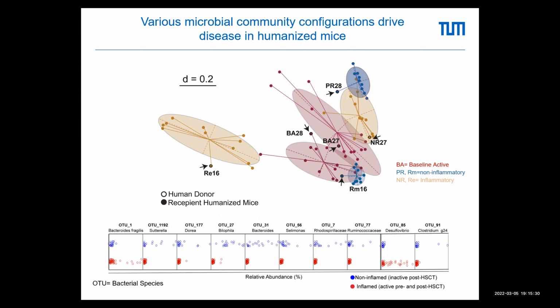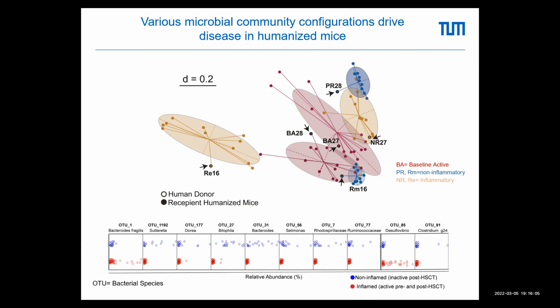Whenever you have a mouse with an overabundance of Desulfovibrio, for example, this mouse would be inflamed. And if you have a mouse which has more, for example, Bilophila here, then this mouse was non-inflamed. So that was great, because we now have a set of bacterial taxa that can identify with 100% accuracy if the mouse is inflamed or not.